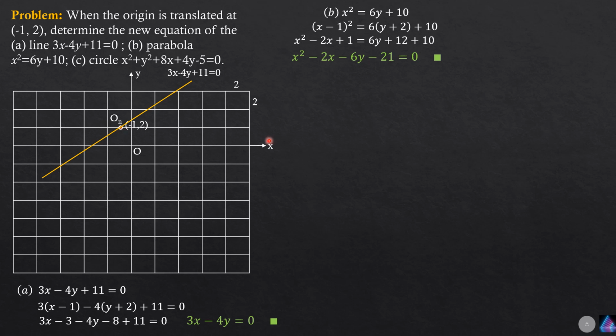To help analyze, we'll have another solution to verify that this answer is correct. Originally, the parabola is x squared equals 6y plus 10.